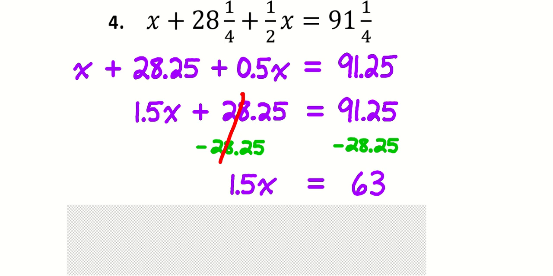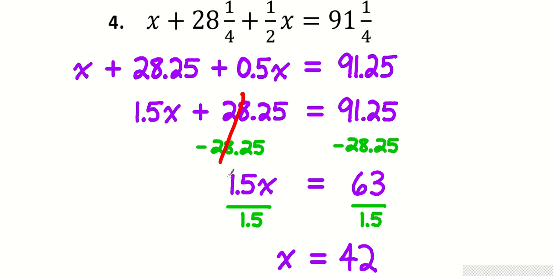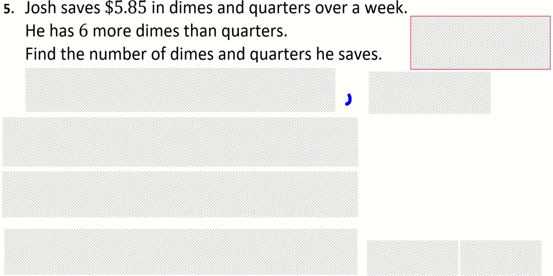The last thing we have to do is cancel out this times 1.5 to leave x all by itself, so we divide both sides by 1.5. And then we get 42. Again, it would not be weird at all for you to need your calculator to do 63 divided by 1.5, but that is 42. Again, pause the video to get that copied down if needed.